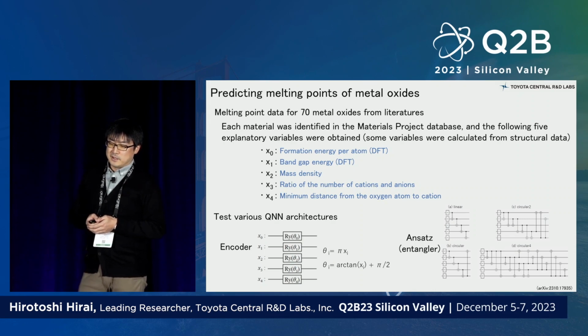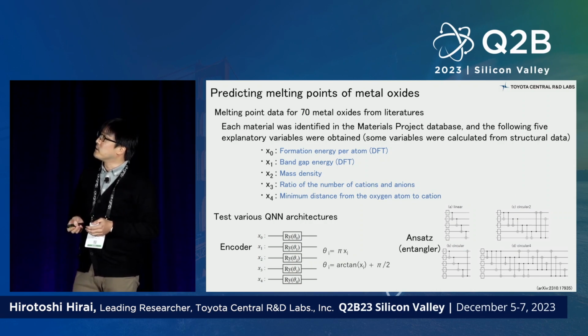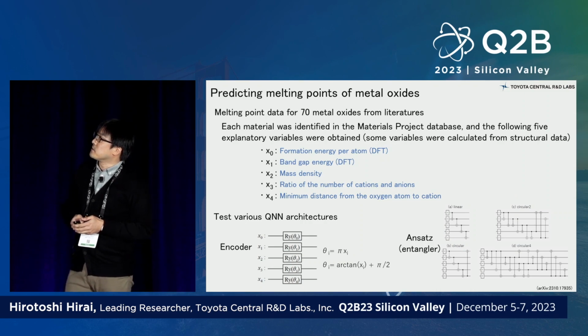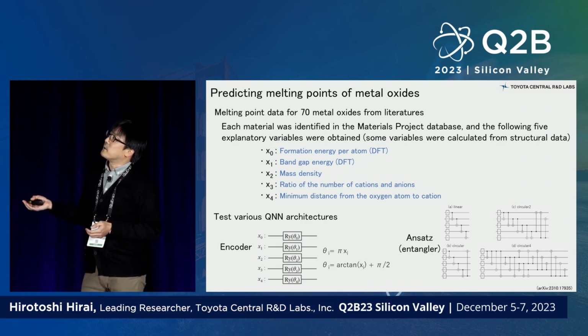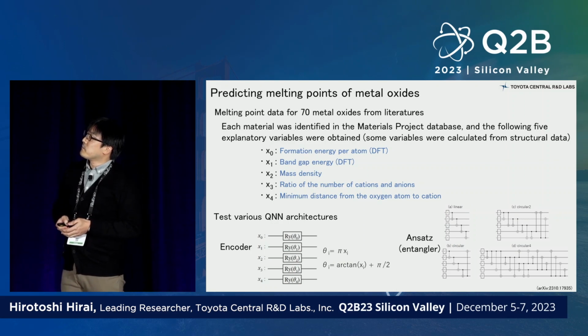We collected 70 melting point data from literature, each material was identified in the Materials Project database, and the following 5 explanatory variables were obtained.